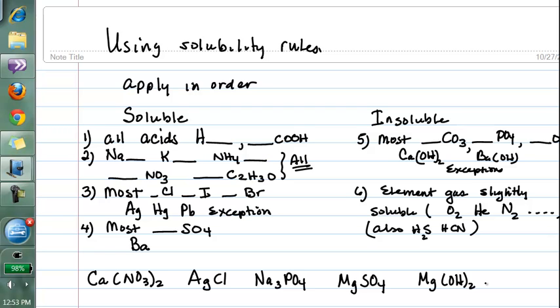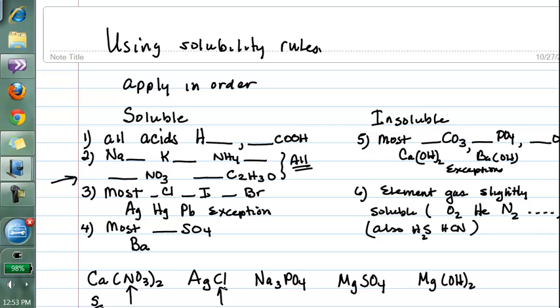Okay, if we look at the first one, which is calcium nitrate, what you should key on is the nitrate, because you will see that in Rule 2, and most or all compounds with nitrate in them are soluble, so we would expect this compound to be soluble. It would dissolve in water. The next one is silver chloride.